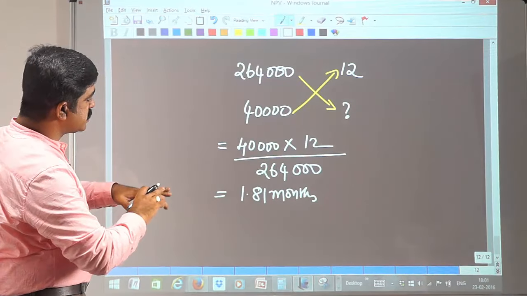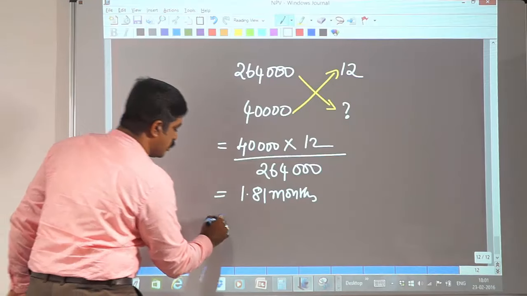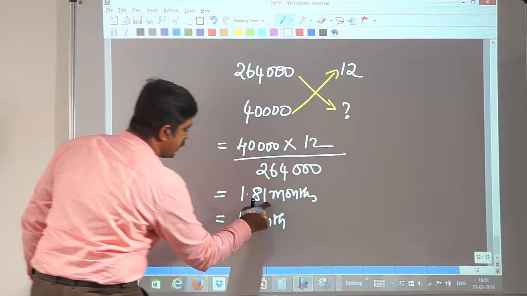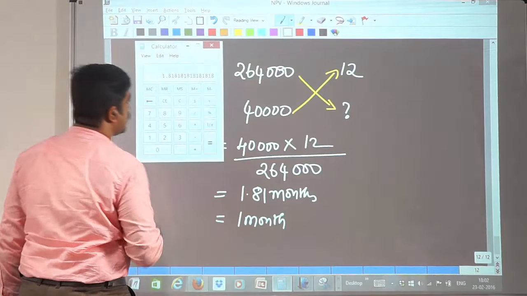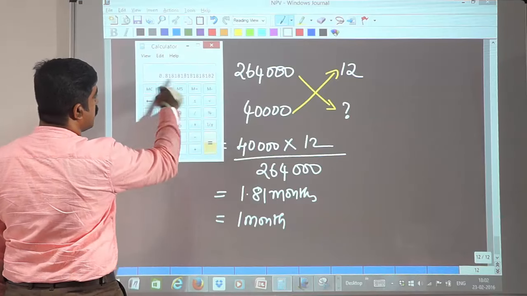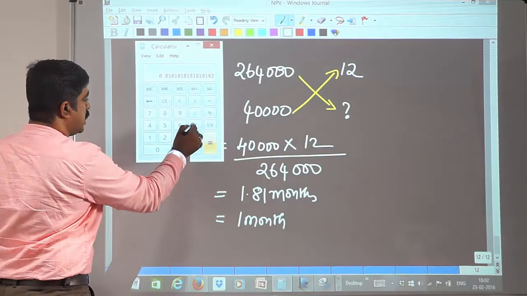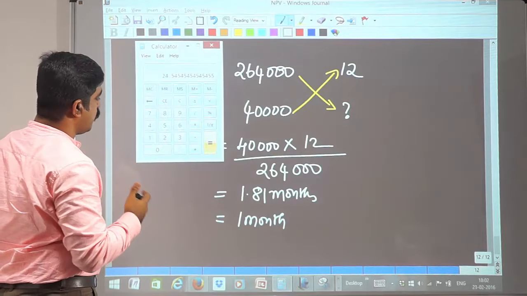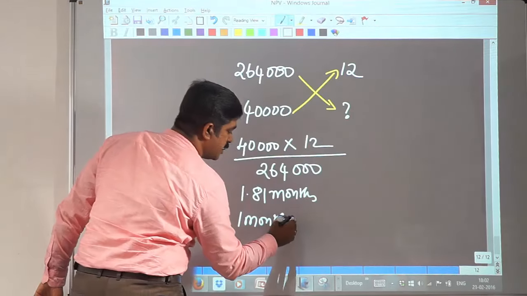If I express this fully in period terms, it is going to be 1 month. And this 0.81 can also be expressed in time. From this 1.81, I will subtract 1, so what I have is 0.818. I will multiply that by 30 days, so what I get is 24.5 days. So I can call it 25 days.